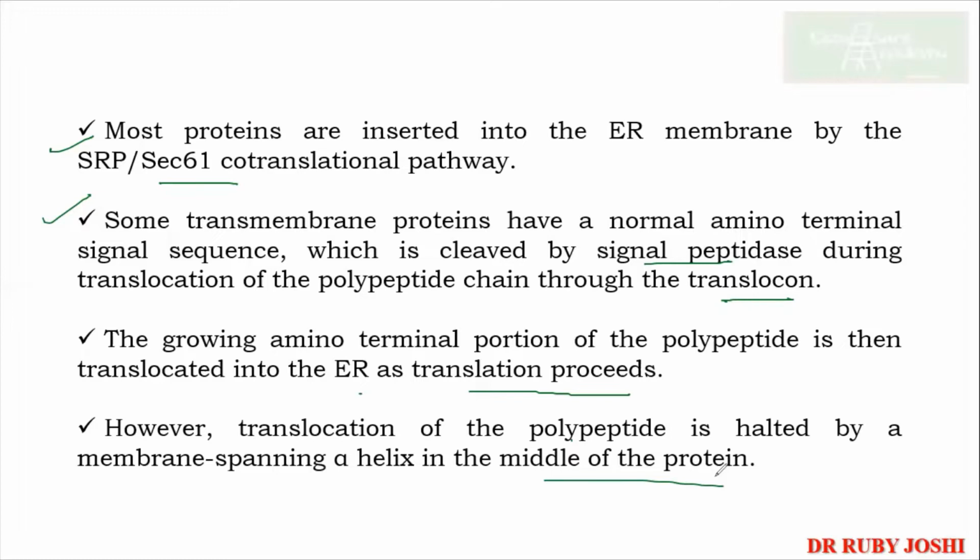Instead, it will go into the channel present in the translocon. If you remember, the hydrophobic amino acids get transported to the channel in the translocon. Once that gets completed and normal amino acids start getting synthesized again, that particular portion should be present in the hydrophobic region of the plasma membrane. I'll show the figure.